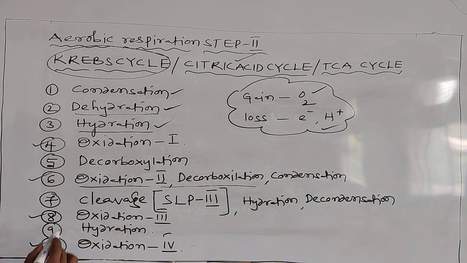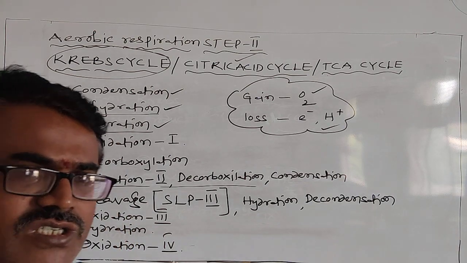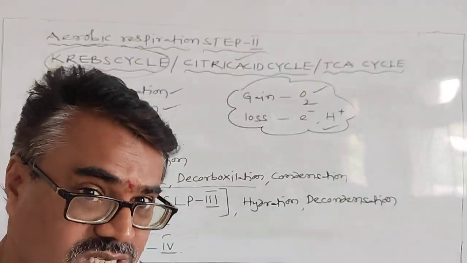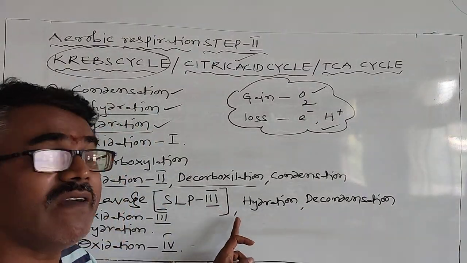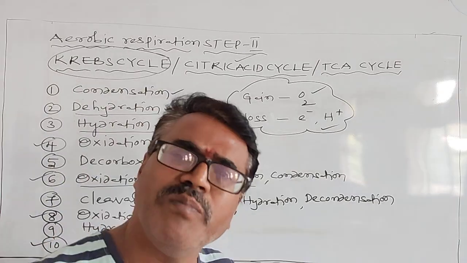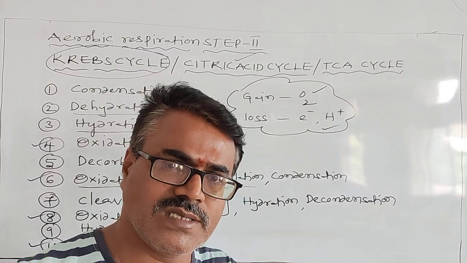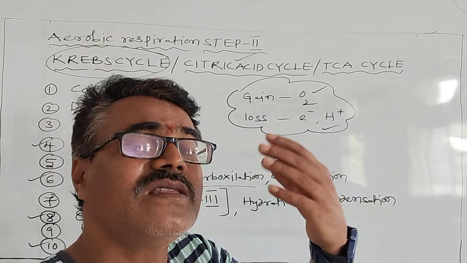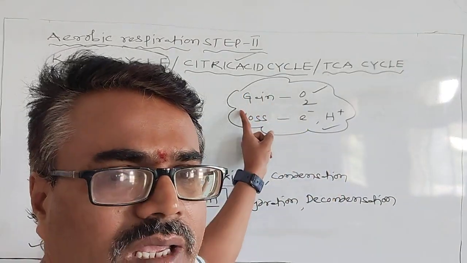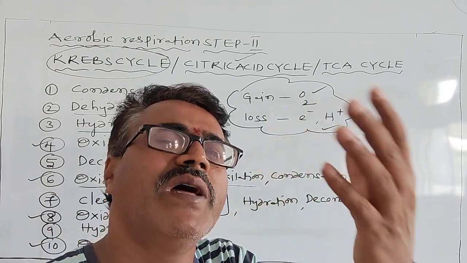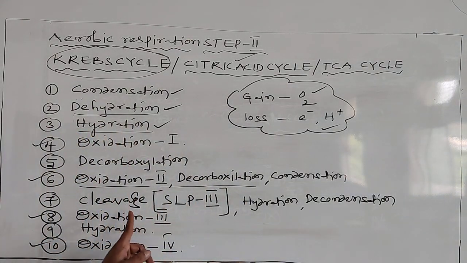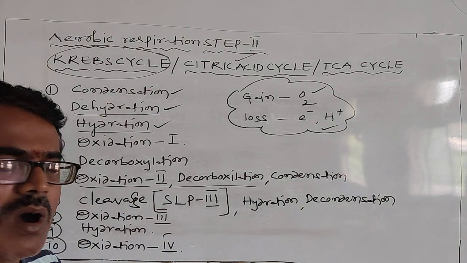So that is the 6th. The 7th one, cleavage, is nothing but substrate level phosphorylation, the direct synthesis of ATP in this pathway, the direct liberation of energy in the form of ATP.